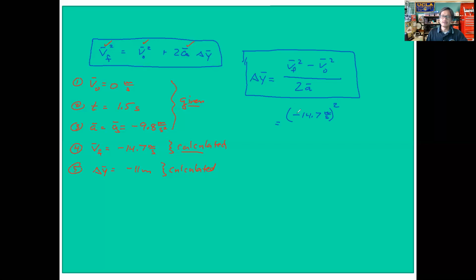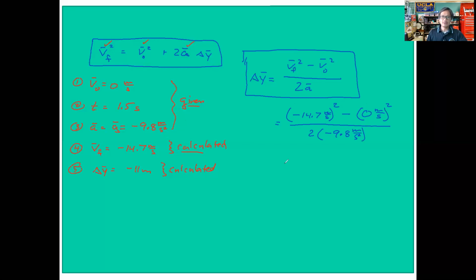Make sure the negative is inside the parentheses. Minus v initial, which is 0 meters per second, squared as well, and that's all over 2 times the acceleration, which is negative 9.8 meters per second squared.